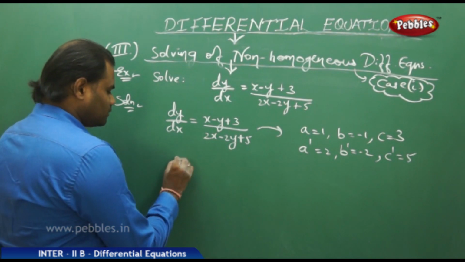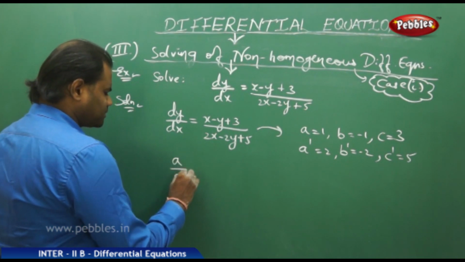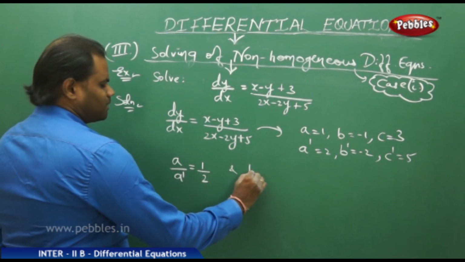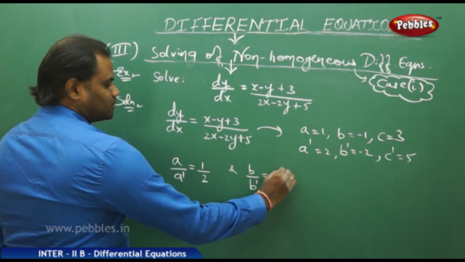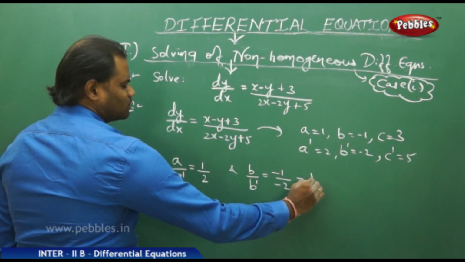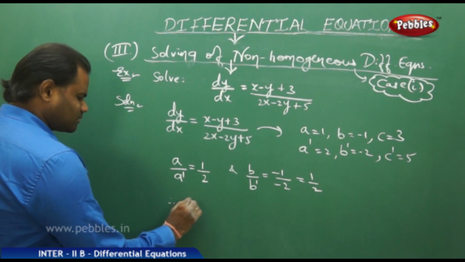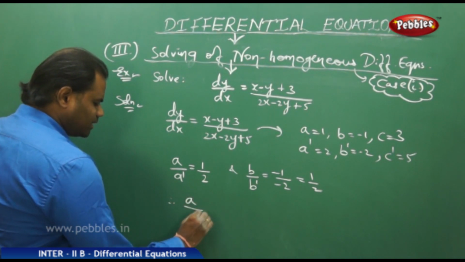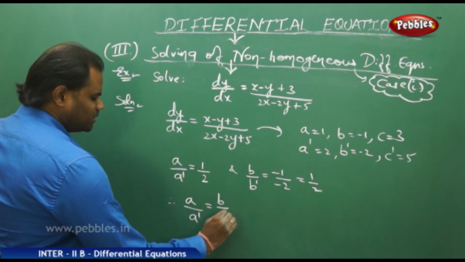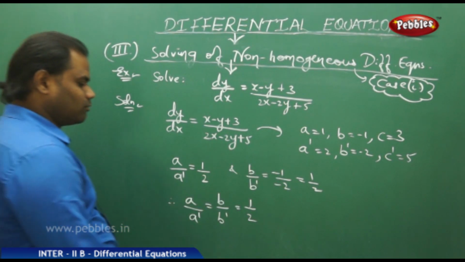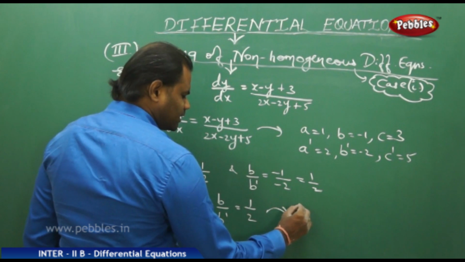Now in case 1 we check for a by a dash, which is nothing but 1 by 2, and b by b dash, which is minus 1 by minus 2, which is 1 by 2. Therefore clearly I see that a by a dash equals b by b dash equals 1 by 2. Therefore this comes under case 1.